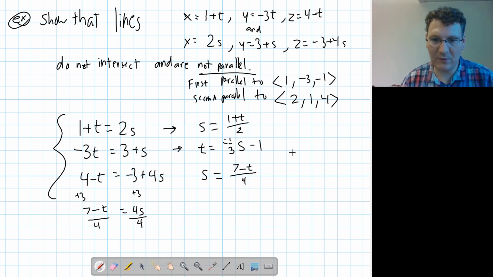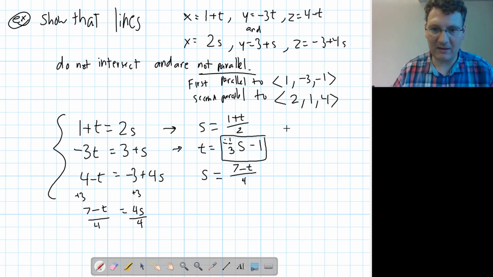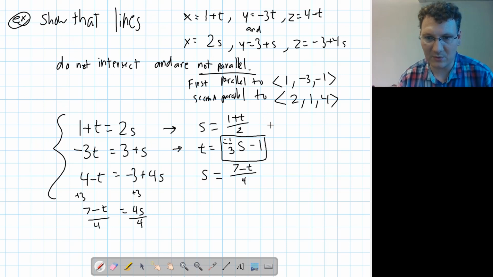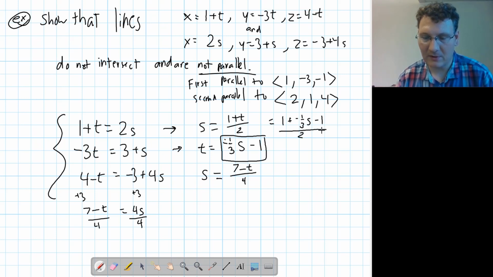Okay, so if we were to plug in this expression for t in both of these, what we're going to find is that we have an inconsistent system of equations. Let's take the first one. Plugging this in, we'd have 1 plus negative 1/3 s minus 1 over 2, negative 1/6 s.